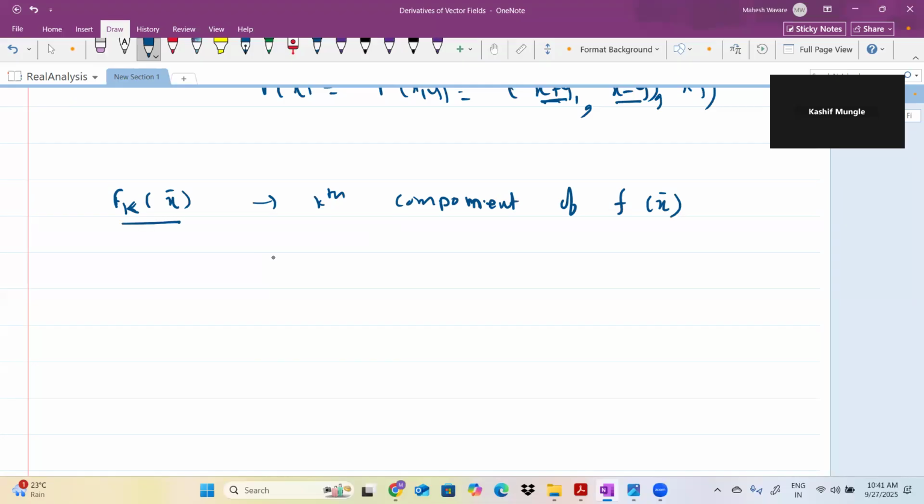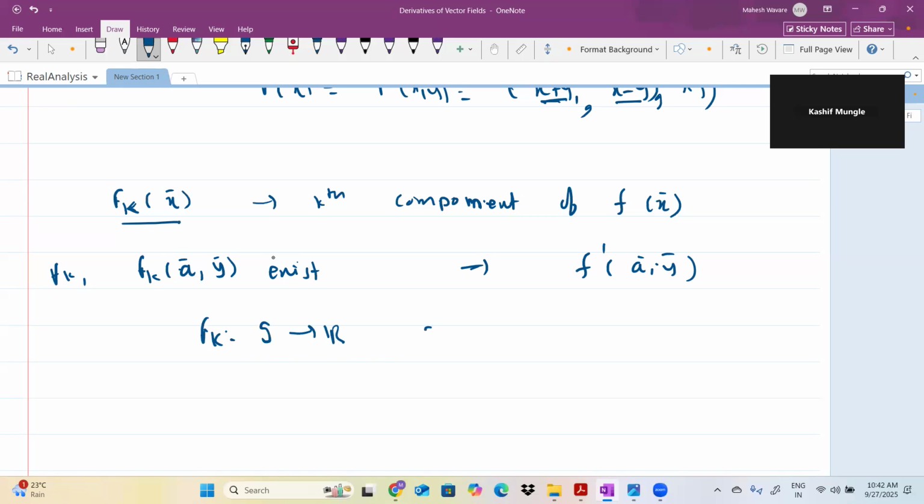Then the derivative of fk at the point a bar in the direction y bar exists for every k, that is, for all k. If this derivative exists, then f dash of a bar in the direction y bar also exists. So for each component's derivative you are creating a scalar. This fk is a function from S to R. So each of f1, f2, fm is a scalar valued function, and combining them in tuple form, it becomes a vector.